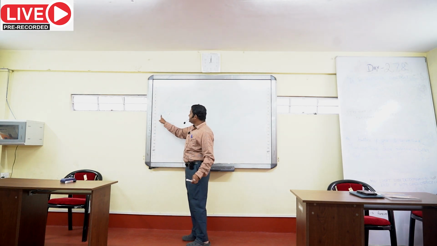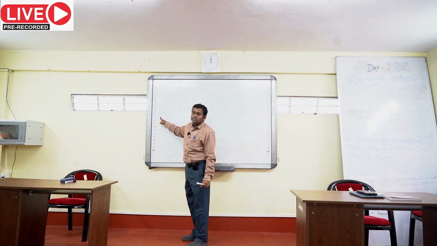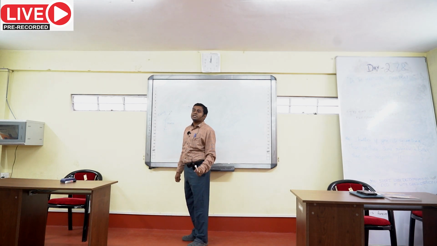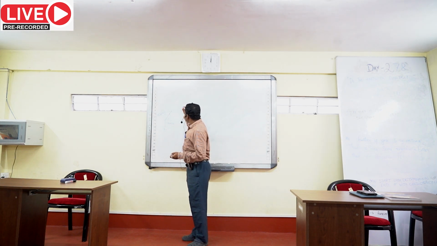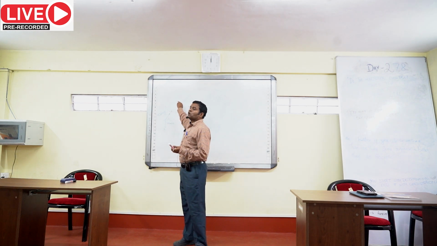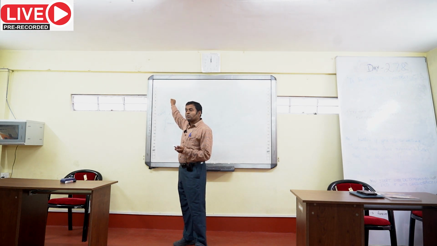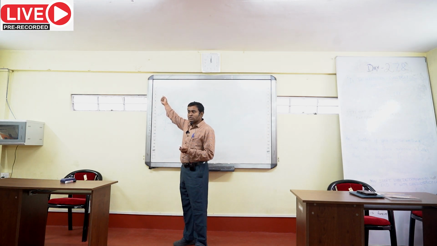And initially what is the upward component of velocity? u sin theta. Gravity is in the opposite direction, so it will try to decrease the upward component. At the topmost point, the upward component of velocity will become 0, so it cannot rise further. That's why it is called the maximum height.